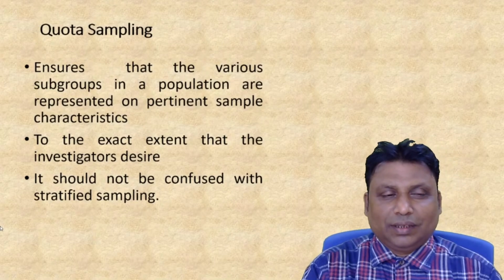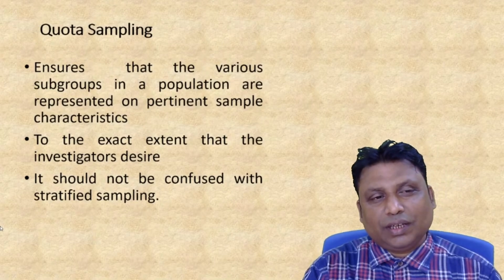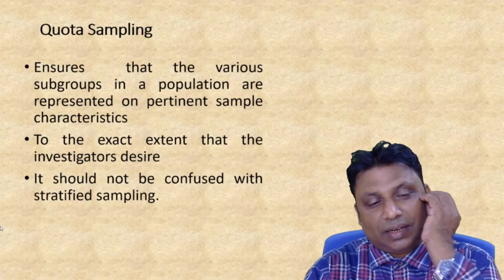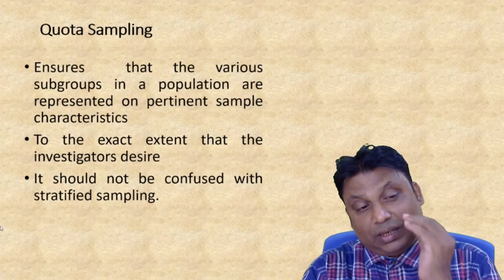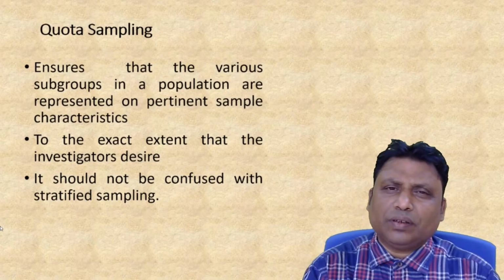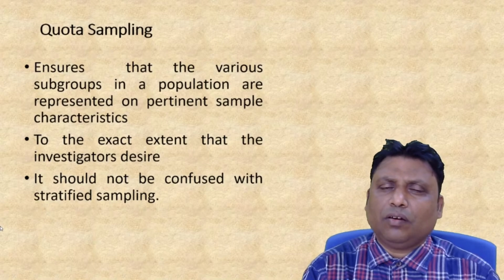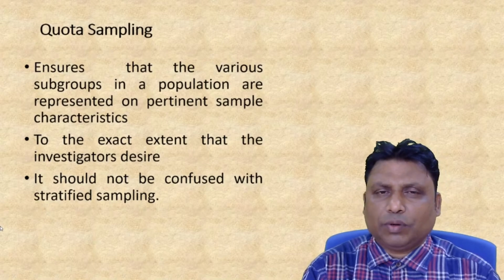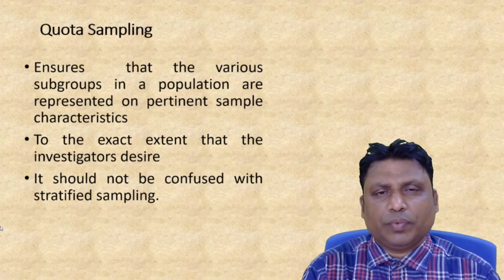Quota sampling. In quota sampling, it is ensured that the various subgroups in the population are represented in the sample characteristics to the exact extent that the investigator desires. It should not be confused with stratified sampling. Forget about this one. In quota sampling, sometimes it is very difficult to collect the information in convenience sampling or in judgmental sampling.